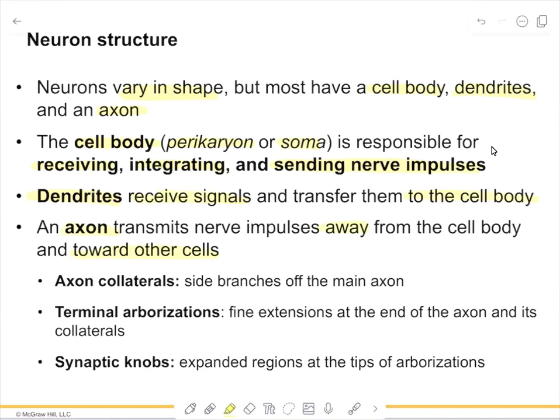One such part is what's called an axon collateral. These are simply branches off of the main axon. Terminal arborizations, which are extensions at the end of the axon and at the collateral. And finally, the synaptic knob, which is an expanded region at the tip of the arborization.